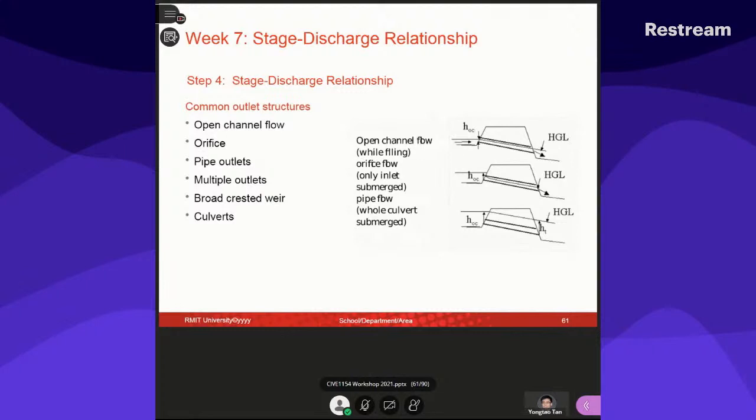The outflow of some stormwater runoff storage facilities impacts the downstream properties and the receiving water bodies. So the location of the outlet structure is important in the design of a stormwater management system.